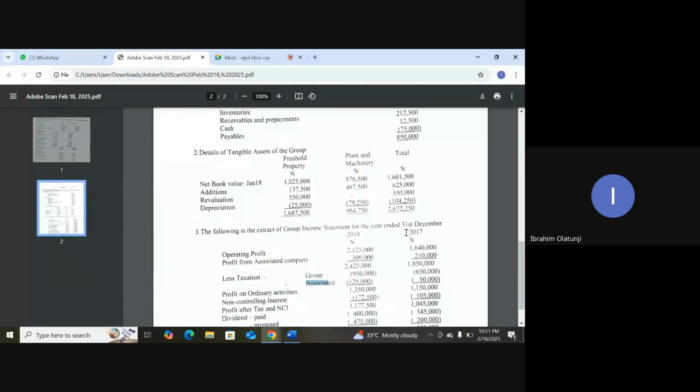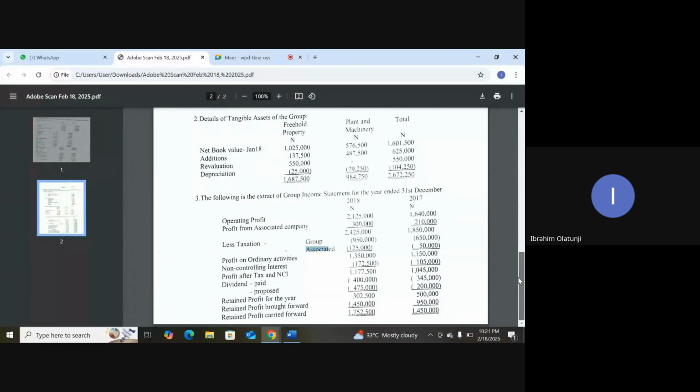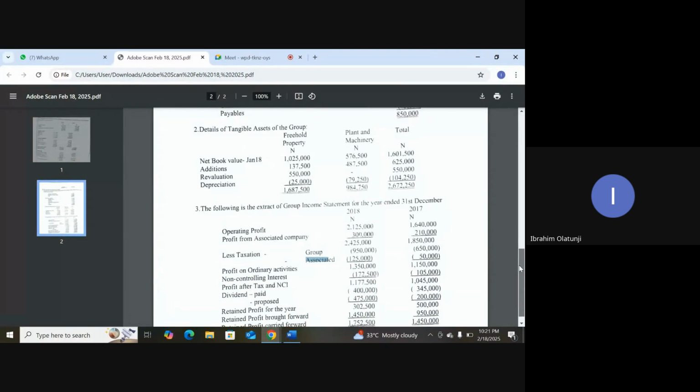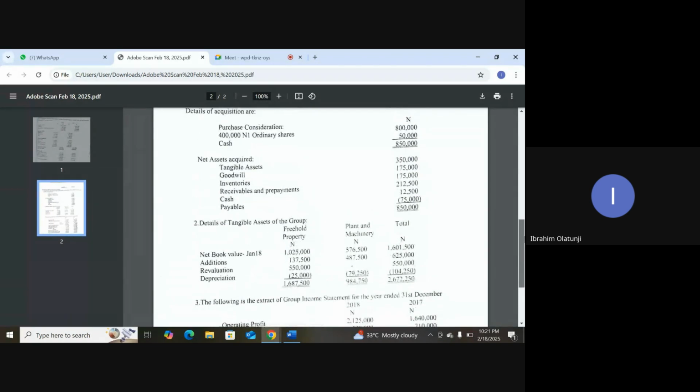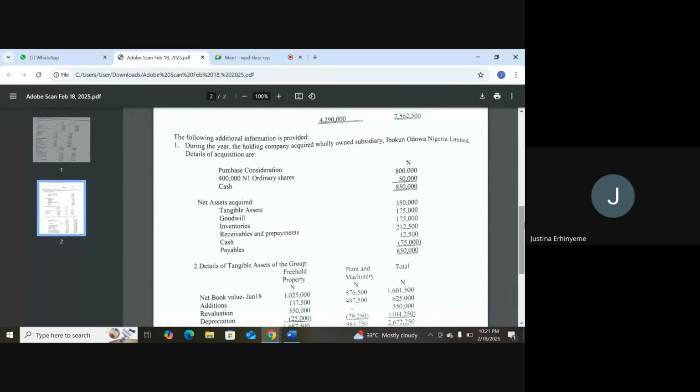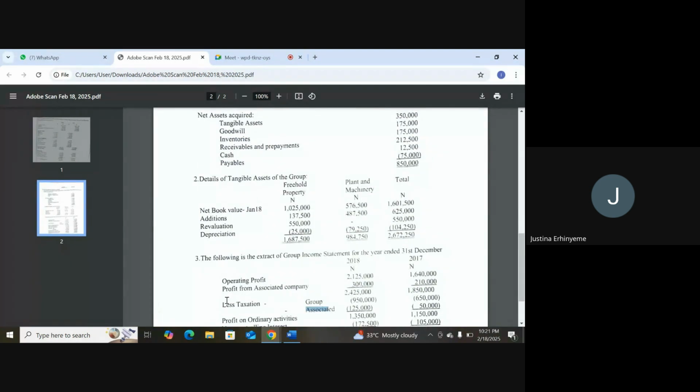Then let's see again what other things relate to associate that you have there. Where did you get that taxation from associate? You can see taxation: we have it for group and we have it for associate.